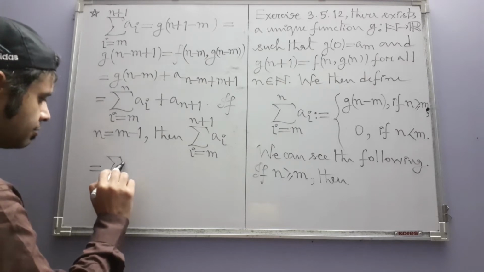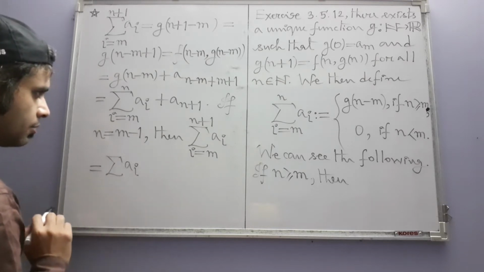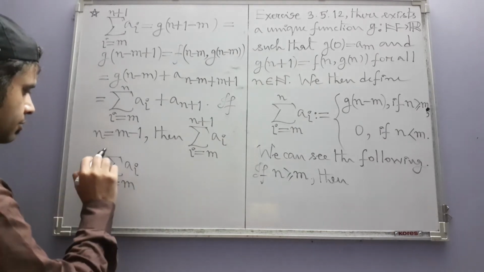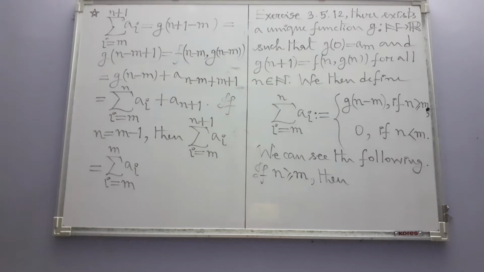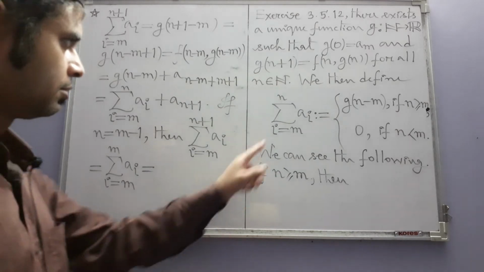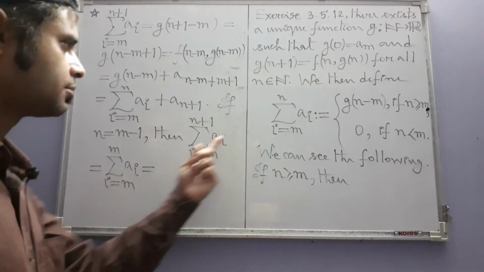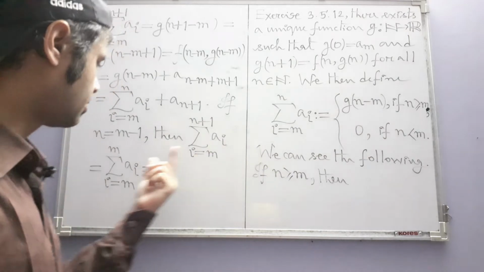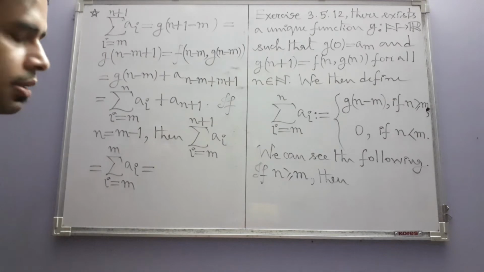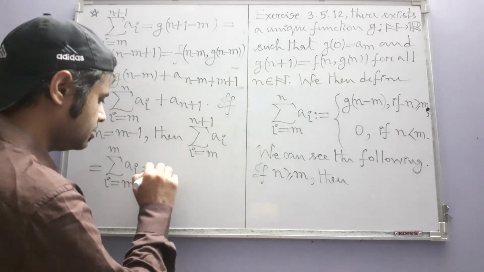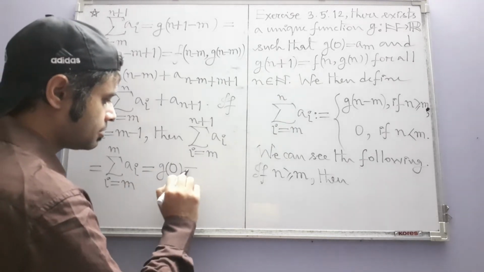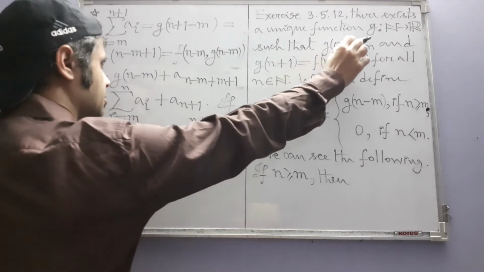So here we have the sum of a_i, i from m to m. Now for this symbol, this definition is still applicable, because now we have the case where n is equal to m. n and m are the same thing. So that means this is g of m minus m, that is g of 0, and this g of 0, according to our choice, is a_m.